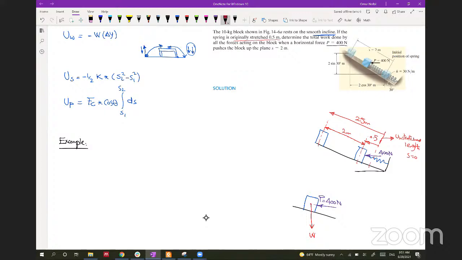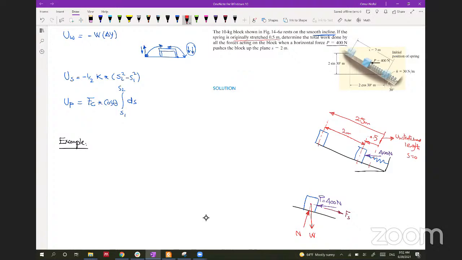This is a horizontal force, but the spring force is in this direction, so here is the F spring. And if we want to put all the forces, we have a normal force perpendicular to the surface like this.